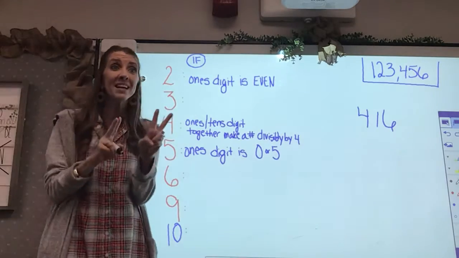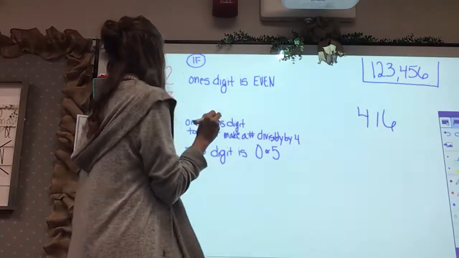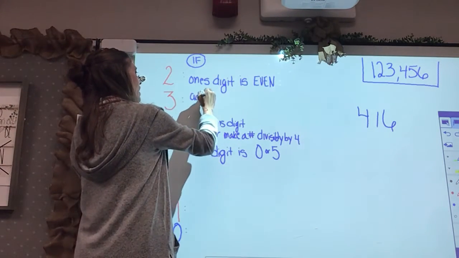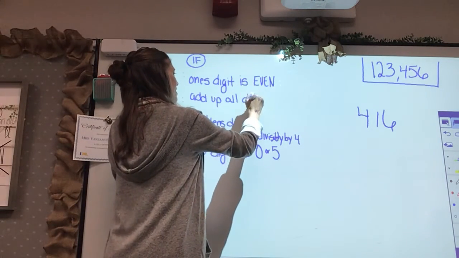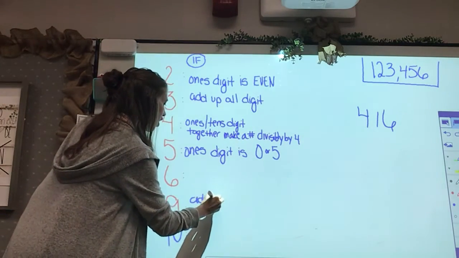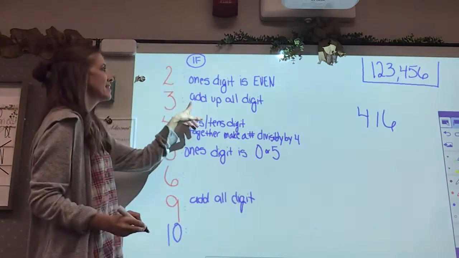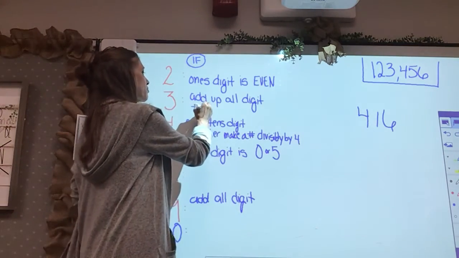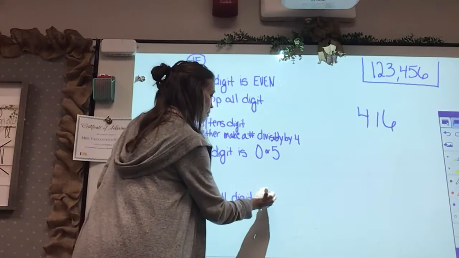For numbers 3 and 9, what we're going to do is add up all digits. If when you add up all the digits, they are divisible by 3. Or for 9, if you add up all the digits and they are divisible by 9.